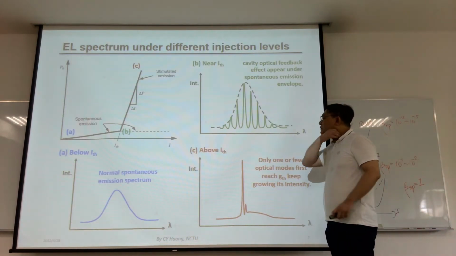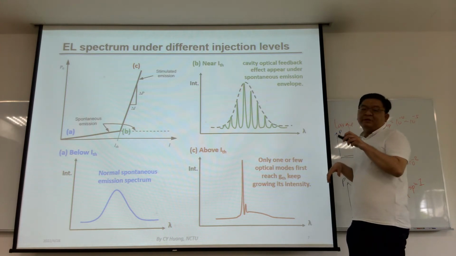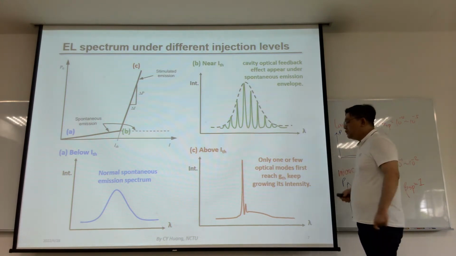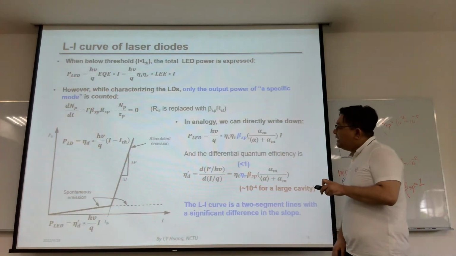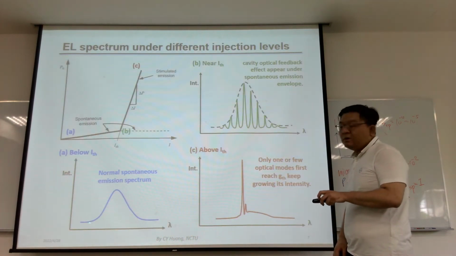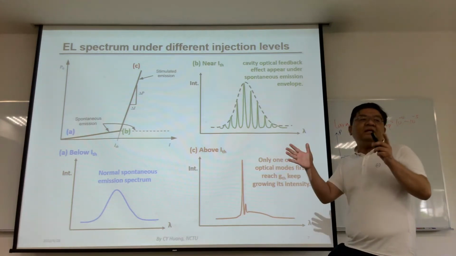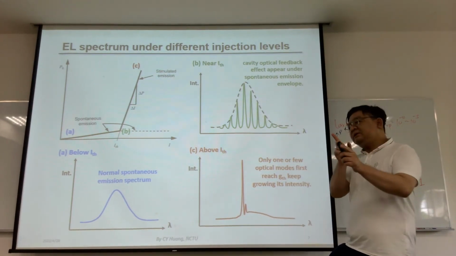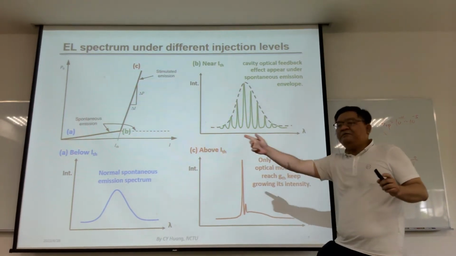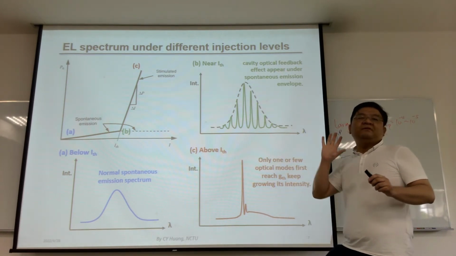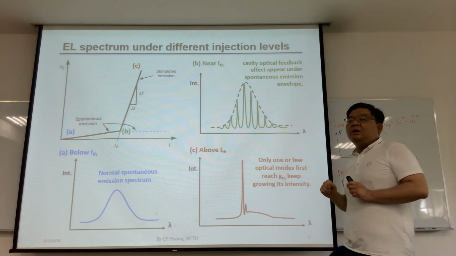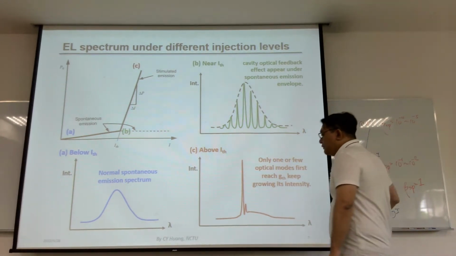Okay, anyway. So let's see what the spectrum will look like in the different stages. While the injection level is still low, the cavity effect will be very weak because the light will vanish before hitting the first wall. You are also observing the original intensity profile of the EL.